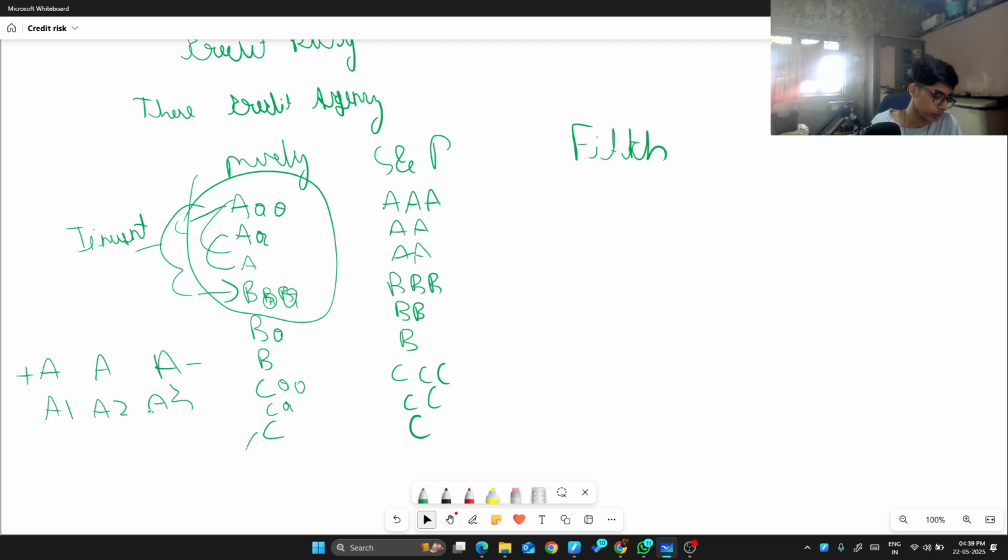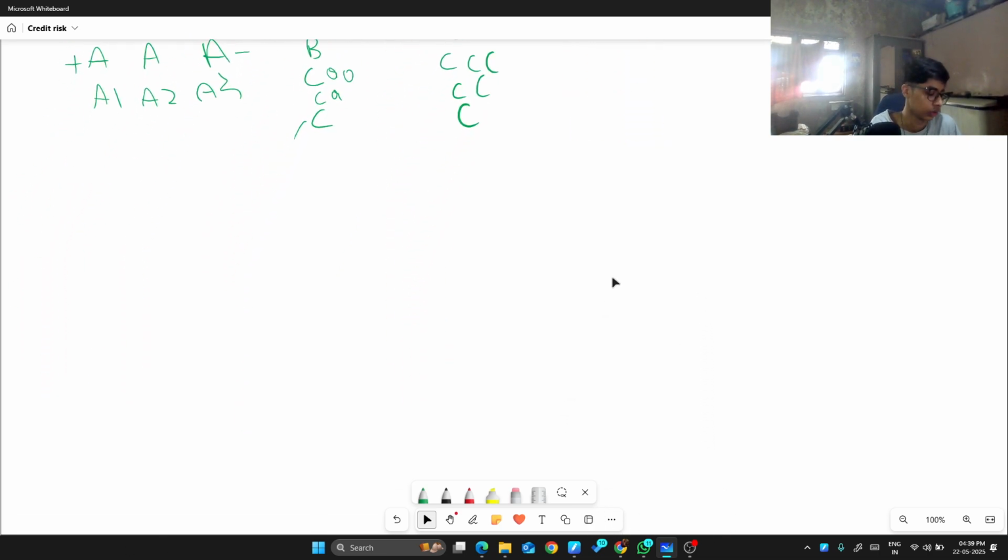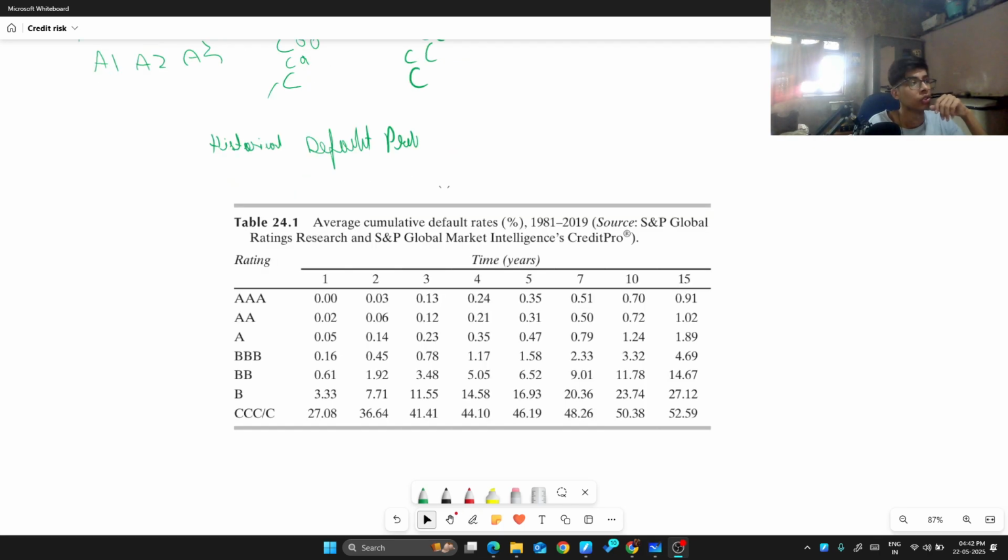Now, historical default probability. This is the CDF, and we know that a CDF always lies between 0 and 1.